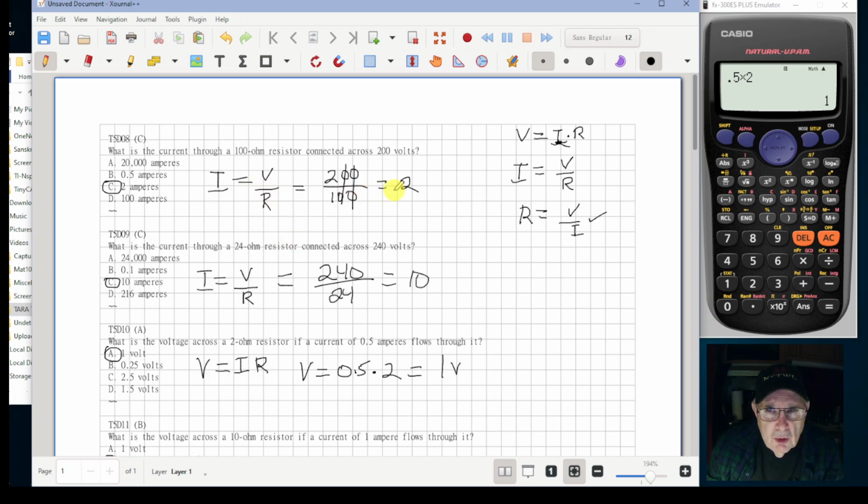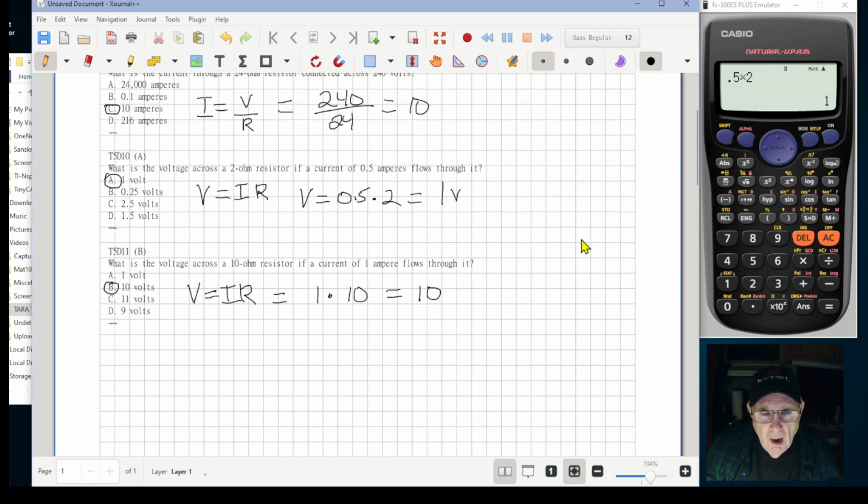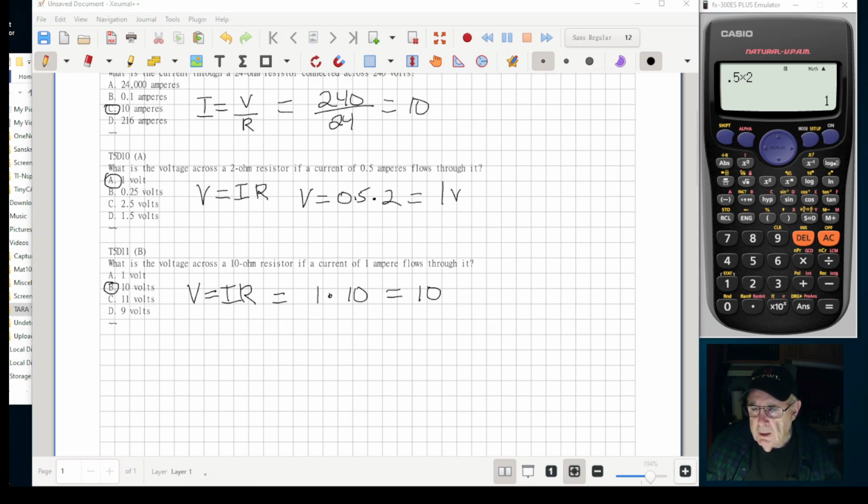Just get used to what the formulas are and how to manipulate them. Okay? How to do the algebra on them, and then just how to plug in values, because that's really all you're doing. All right. So practice, practice, practice. Unfortunately, with learning math, there is no substitution for practice. Got to do it. Okay. See you in the next video.